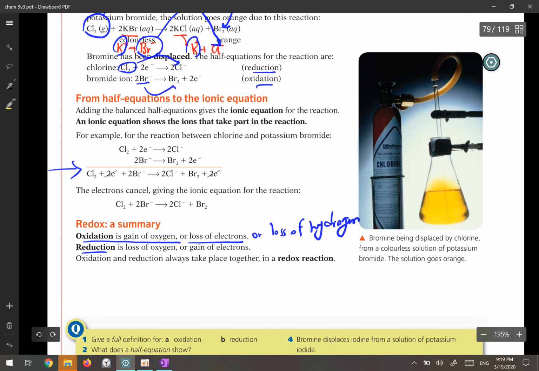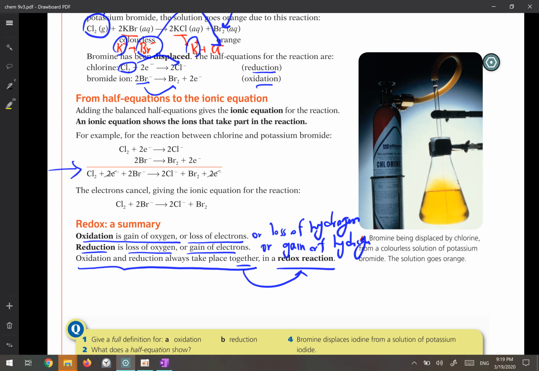And what is reduction? Reduction is loss of oxygen, gain of electrons, or gain of hydrogen. And as we said, oxidation and reduction always take place together, so that's why we call them redox reactions.